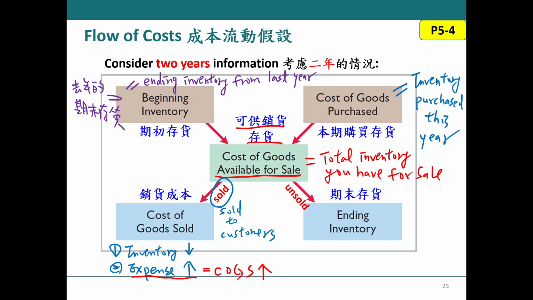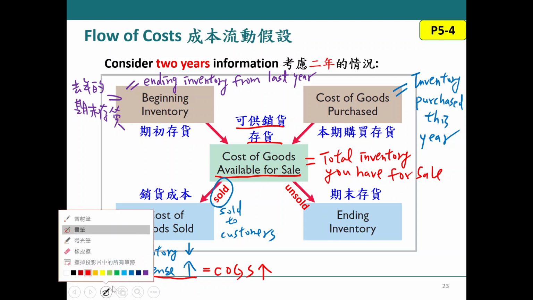So the part we sold to customers is not your inventory anymore. At the same time, we have expenses, cost of goods sold increase, right? Others still in your company, then they are your inventory. So ending inventory, what does it mean? Your inventory on the last day. Ending means the last day.